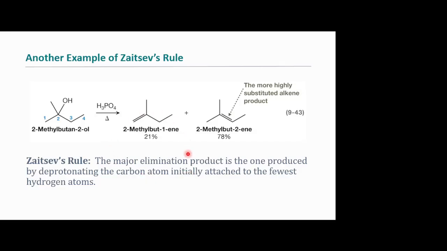Okay, so this is, again, another example of Zaitsev's rule here. And Zaitsev's rule is that the major elimination product is the one produced by deprotonating the carbon atom initially attached to the fewest hydrogen atoms. Okay, some of these rules are kind of weirdly phrased, but notice that's essentially saying the more substituted one is favored. And so again, this is just Zaitsev's rule.